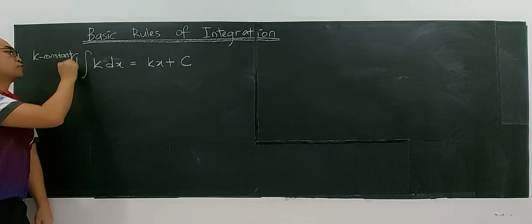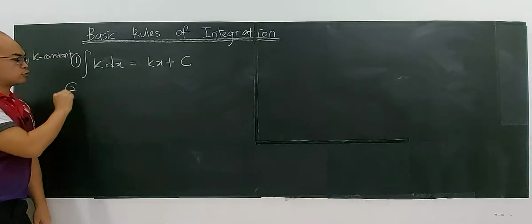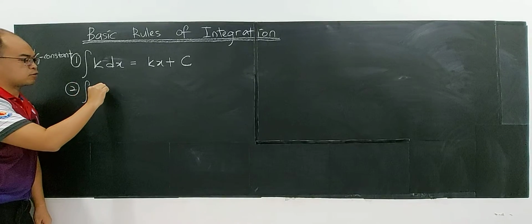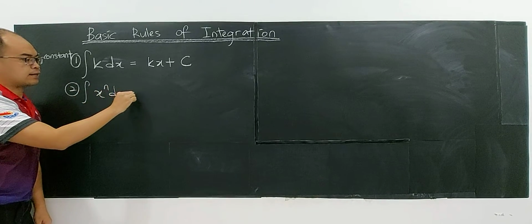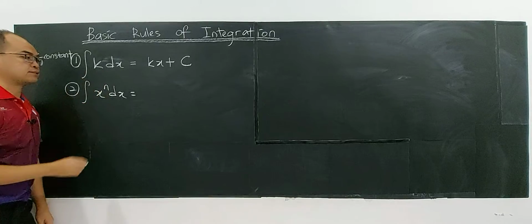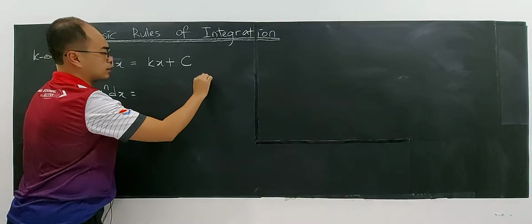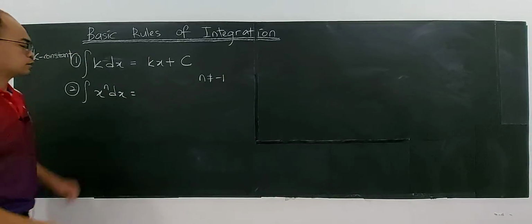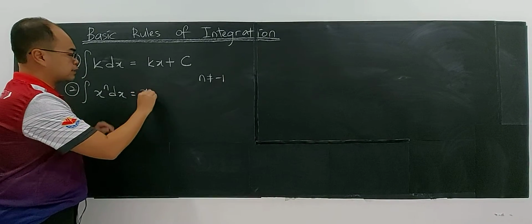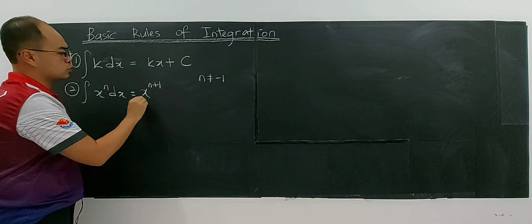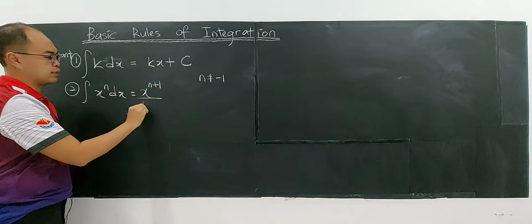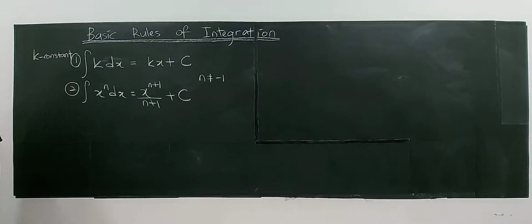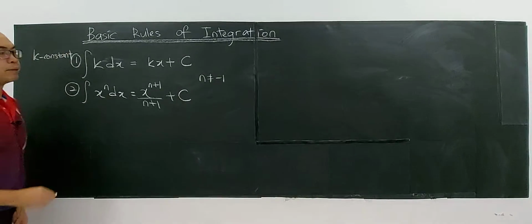This is the first formula, and it is actually generated from formula number 2, where you integrate x to the power of n, and n must not be -1. That's the condition. Then you can apply this formula: add 1 to the power and divide by n plus 1, plus c. This is the basic rule.